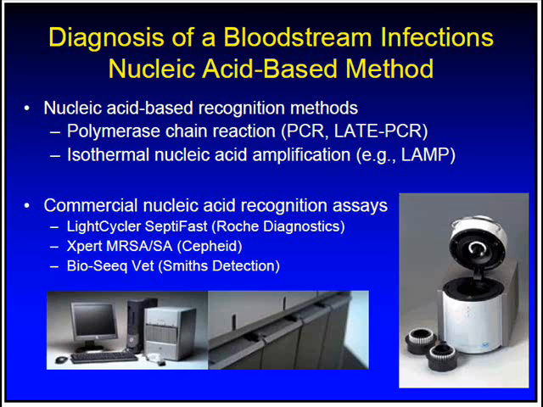Other nucleic acid technologies, such as isothermal amplification methods, have emerged. This technology, called LAMP, or loop-mediated isothermal amplification, performs nucleic acid amplification independent of thermocycling, which is an advantage in that it has a potential to be cost savings and has a potential for flexibility for use in multiple settings without the constraints of the laboratory setting, which is often the case with conventional or traditional PCR.